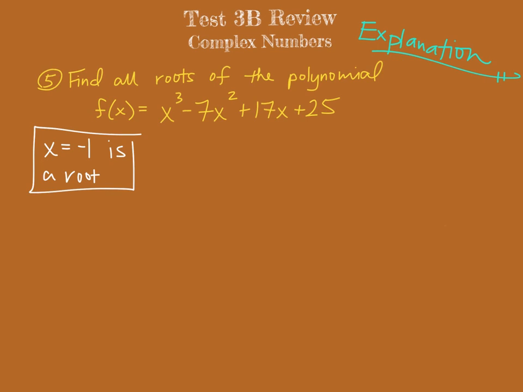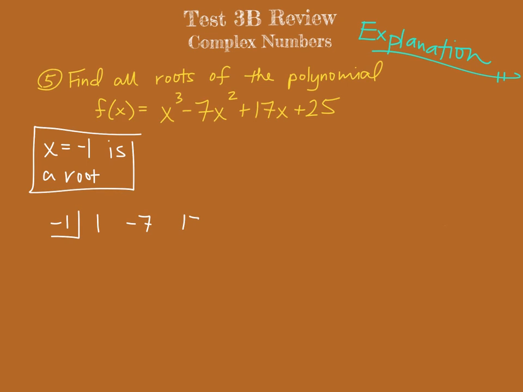Since negative 1 is a root, when we perform synthetic division using negative 1, we are essentially dividing by x plus 1. And then we'll be left with the quadratic, from dividing by x plus 1, the factor that goes with negative 1 being the root.